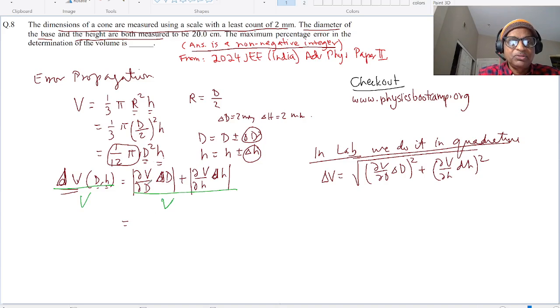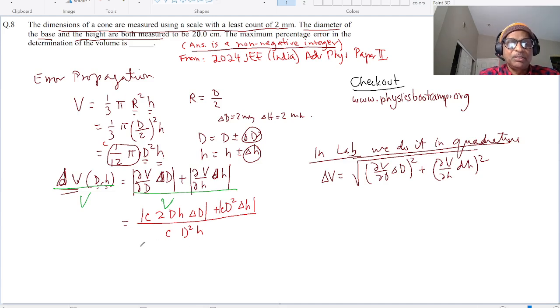So this will be 2dh, and let's call that constant c, times delta d, plus d squared delta h, and the denominator is constant times d squared h.